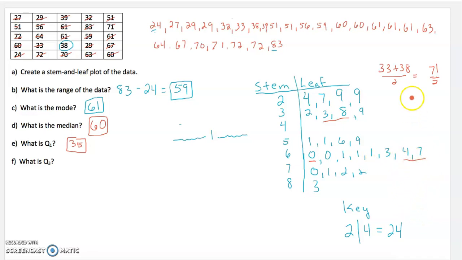So we just do 64 plus 67, and we divide that by 2. All right? So that gives us 131 over 2. So 131 divided by 2 is going to be 65.5. So Q3 will be 65.5.